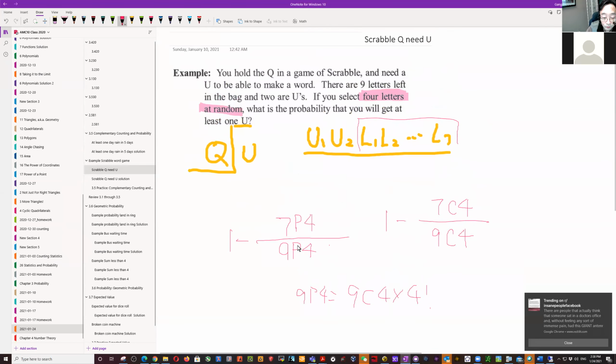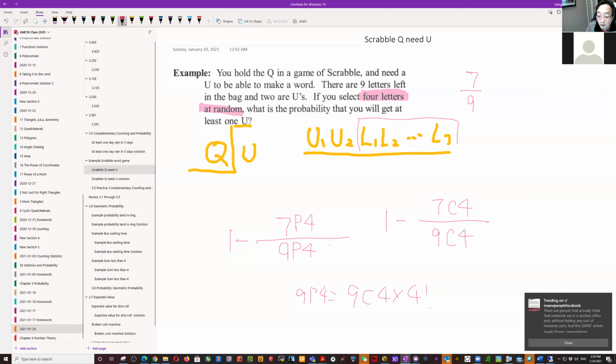If you use probability, you still can do it. Basically, we are not going to choose any U, so you set out to choose 4 letters. The first letter is going to be a non-U letter, and the probability of that is 7 ninths. You break this down into a 4-step action.